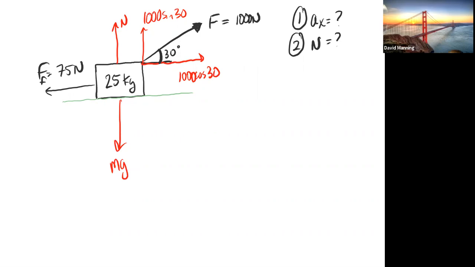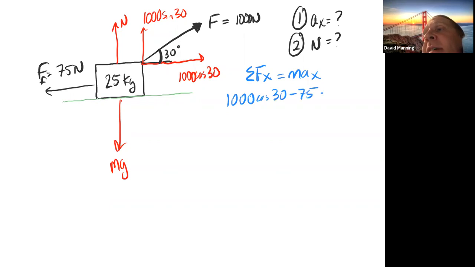All right, let's take a look and see how this one's done. We'll do AX here. The sum of the forces in the X equals MAX. We have two forces: 1,000 cosine 30 minus 75 equals 25 times AX. You guys know why the negative is with the 75?